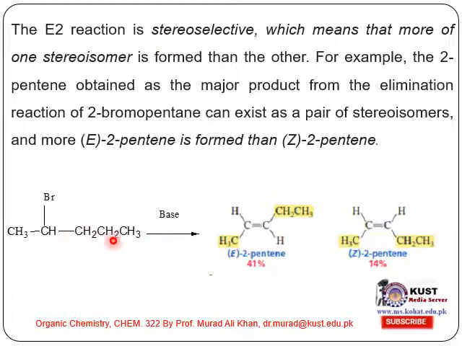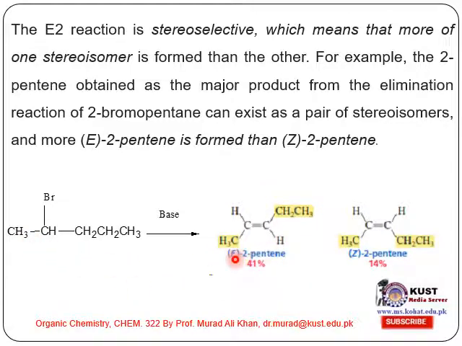Take for example this compound. 2-pentene is obtained as the major product from the elimination reaction of 2-bromopentane. It's 2-bromopentane. In the presence of base, elimination reaction occurs, and there's the possibility of two products.